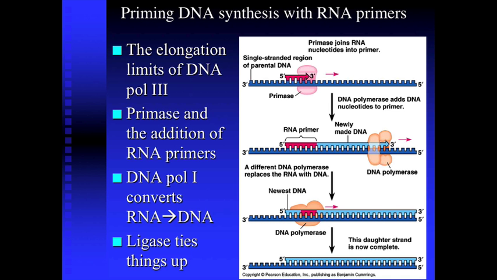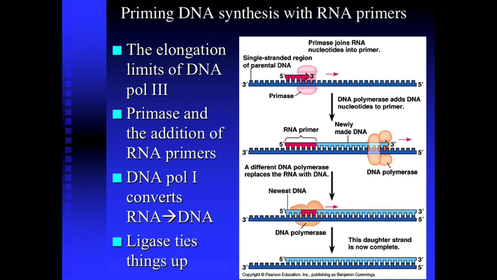Again, we begin with primase, either at the origin, if we're about to build the leading strand, or at each point in increments, if we're going to build Okazaki fragments.